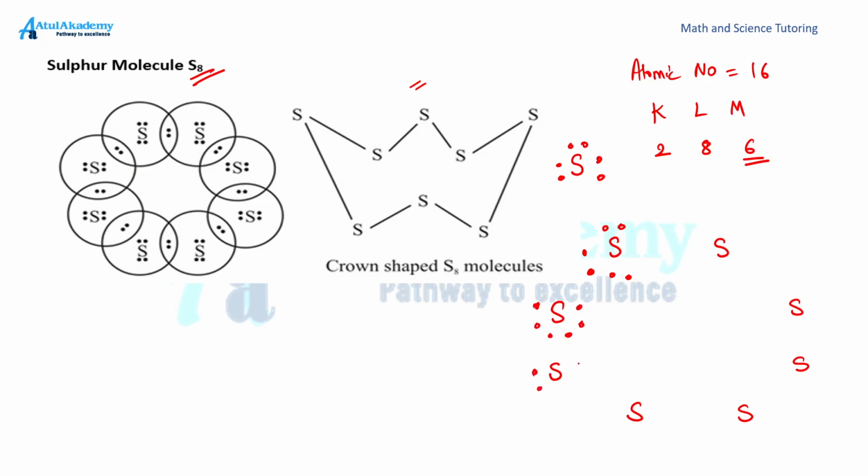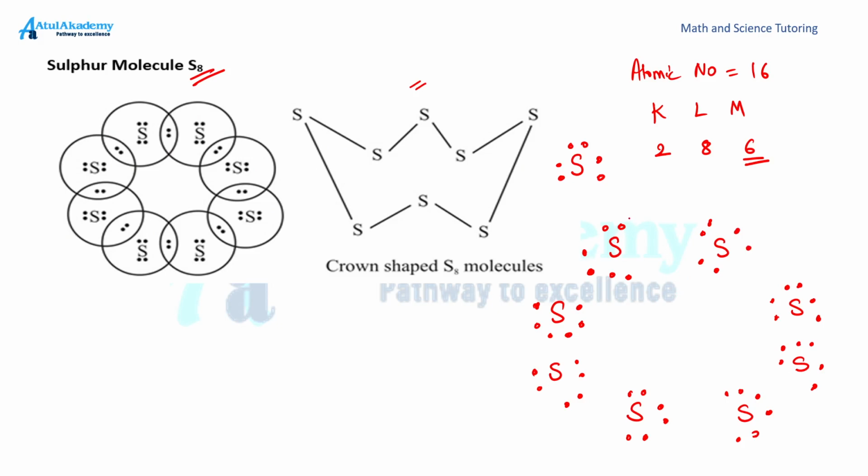Same way: 1, 2, 3, 4, 5, 6. 1, 2, 3, 4, and 5, 6. I think if we go in the same manner, all done. Now let us start making the pair.